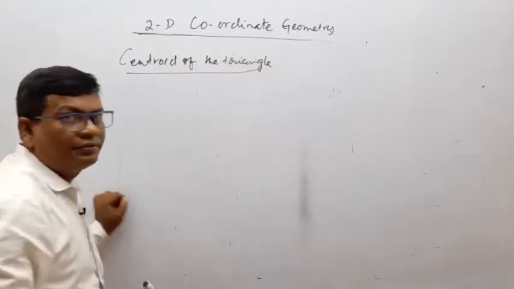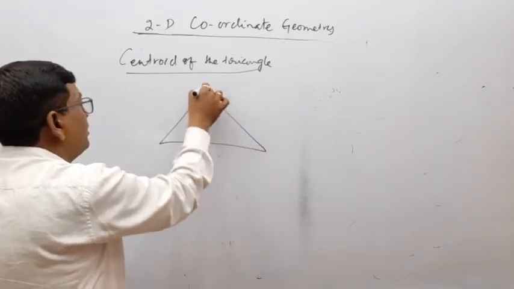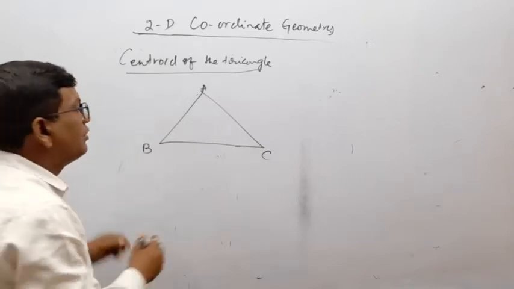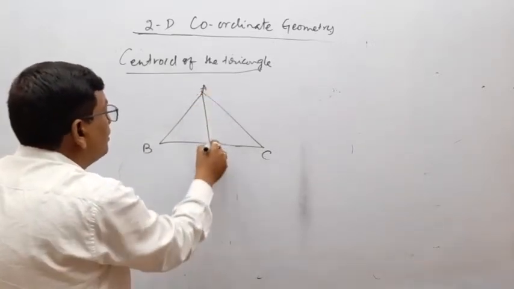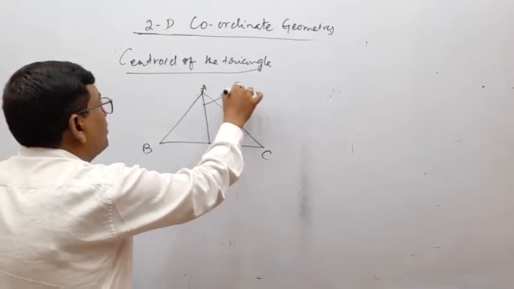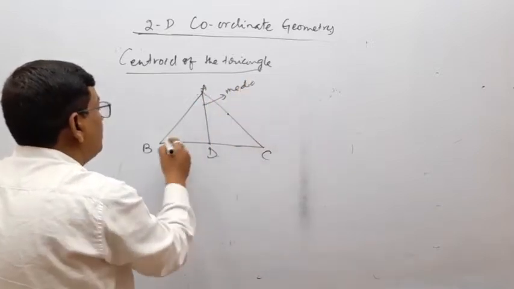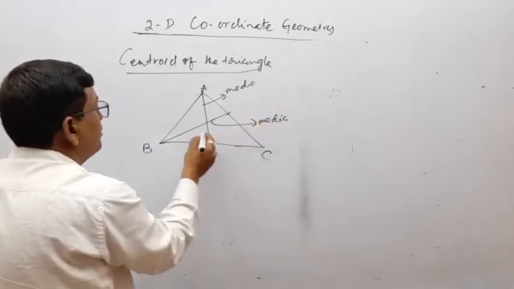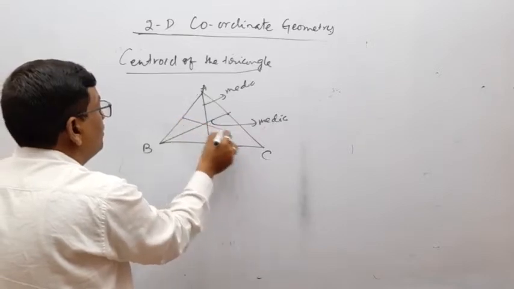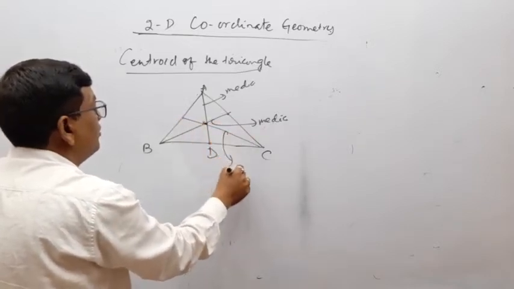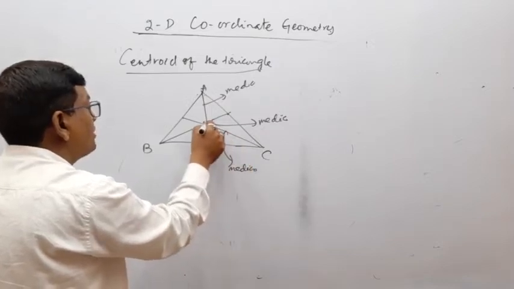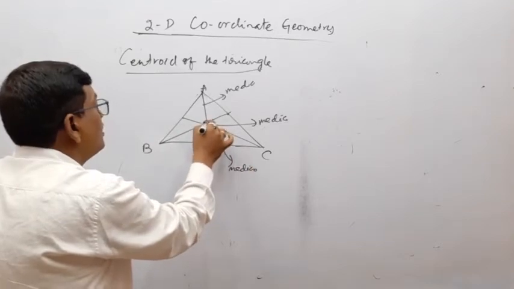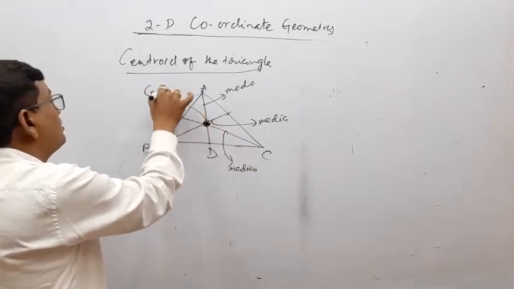Suppose this is a triangle A, B, and this is C. Suppose this is midpoint D. This is one median, and another midpoint here. This is another median, and this is also another midpoint here. This is another median. The point of intersection is called the centroid.